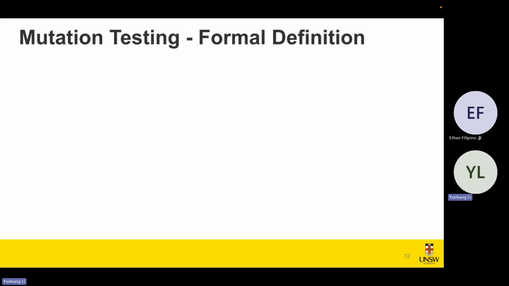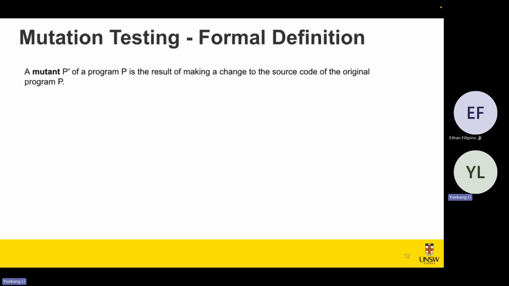Now let's try to come to some formal definitions. A mutant is the result of applying some small changes to the source code of the original program.